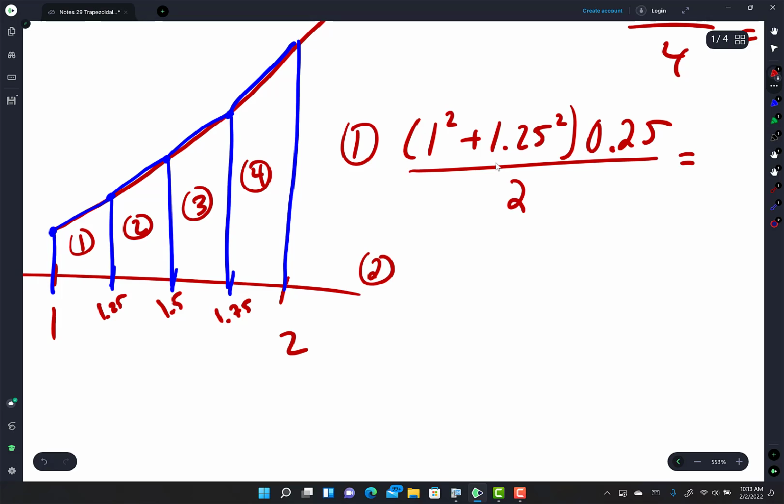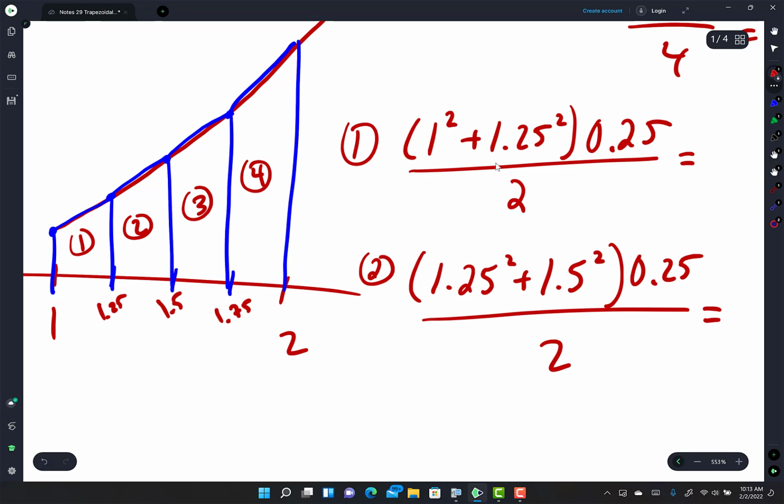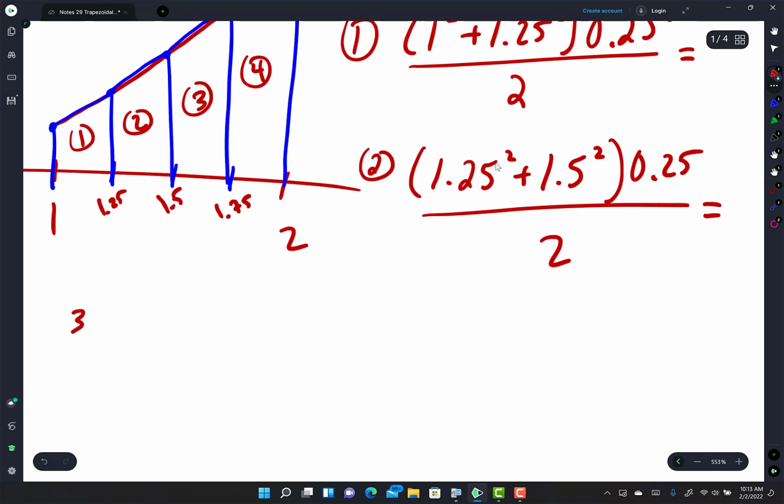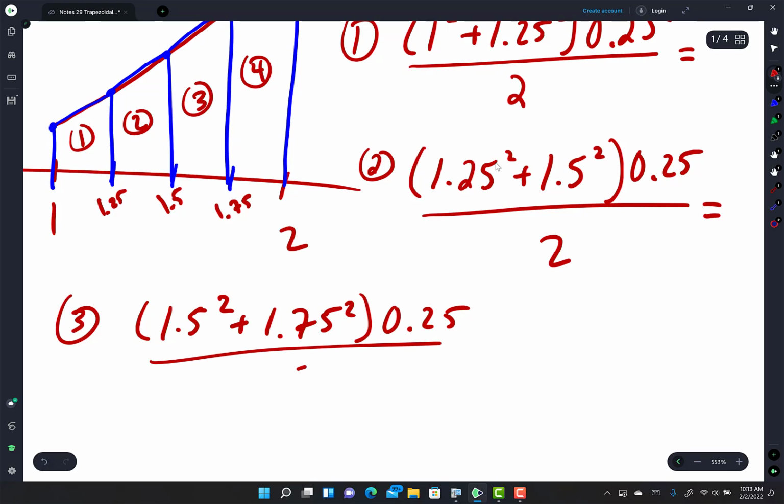Area number 2, you're going to do 1.25 squared plus 1.5 squared. This is x squared, right? Times 0.25 divided by 2. Someone do that one. Area number 3, you're going to go 1.5 squared plus 1.75 squared times 0.25 divided by 2.